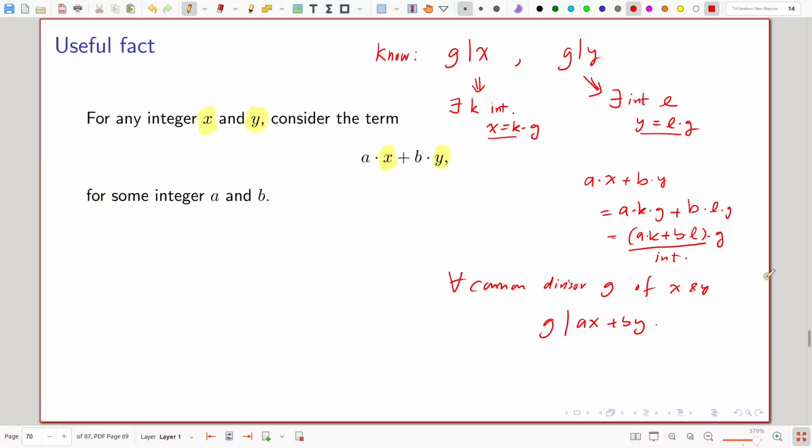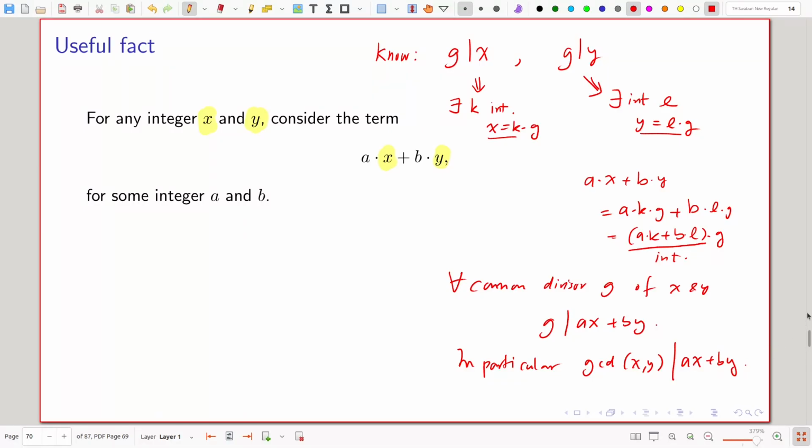Yes, because the GCD is also a common divisor, right? It's the greatest common divisor. So since any common divisor divides this term, the largest one is also going to divide this term. Okay, so in particular, the GCD of x and y also divides ax plus by.